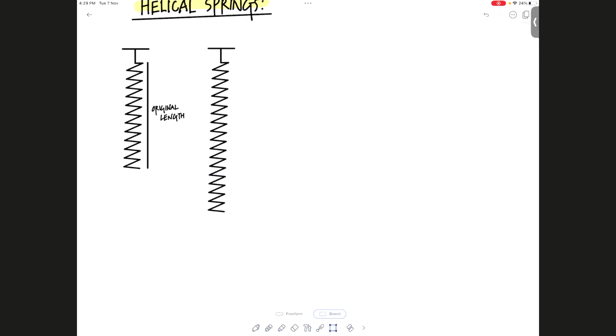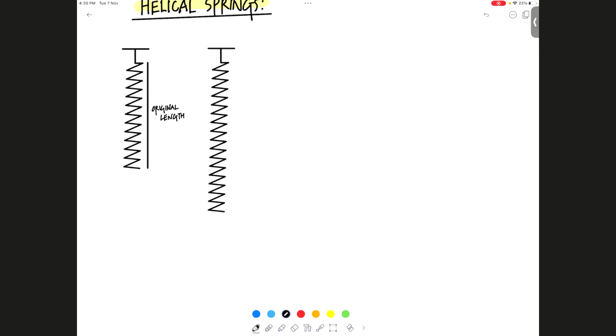Now, the length that the spring extends to is not really of any importance to us. When it comes to springs, the thing that matters more is the extension, how much it changes the length by, not what the original length is, and not what the new extended length is. The extension, the extra that's happening, is what matters more.